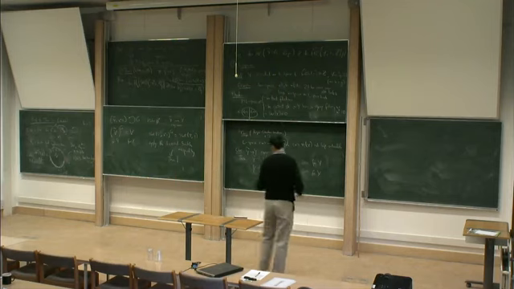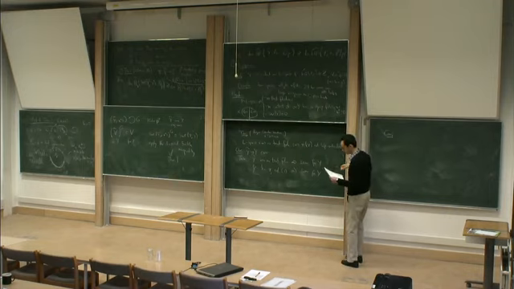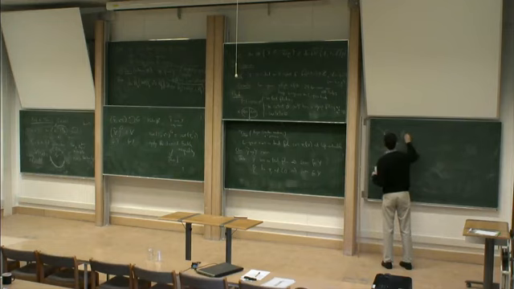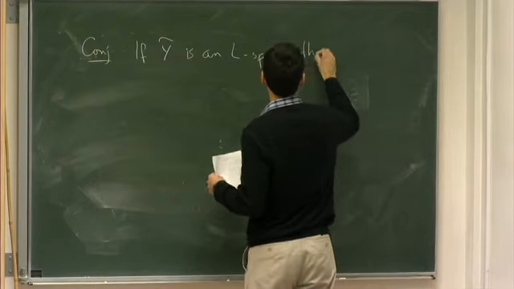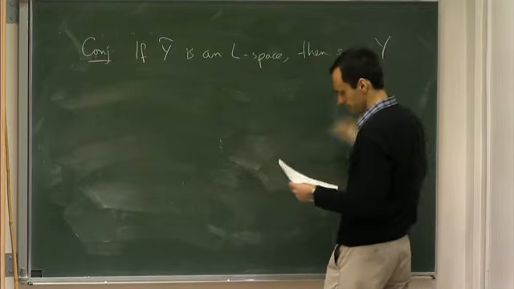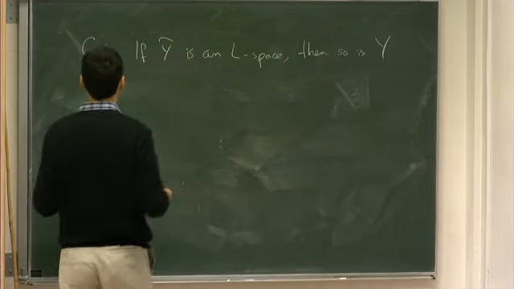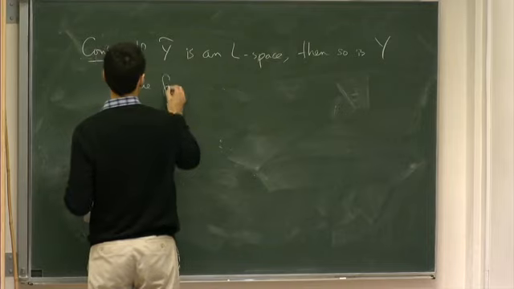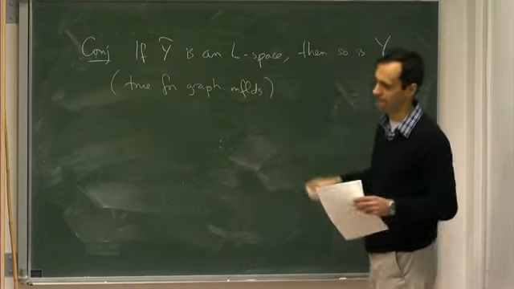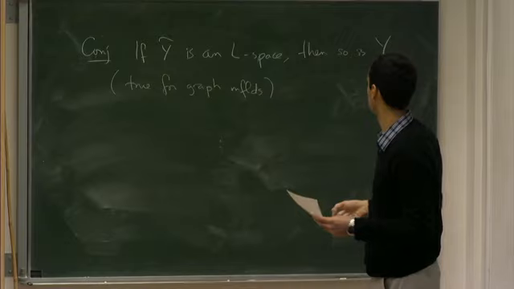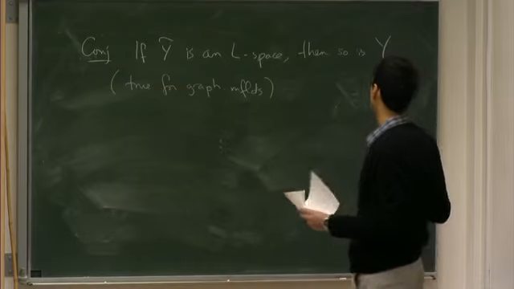Conjecture, which would be implied by the previous conjecture if it's true: if Y tilde is an L space, then so is Y. Okay, and notice this is true for graph manifolds, because the conjecture is true for graph manifolds by work of Hanselman, Rasmussen, and Watson.